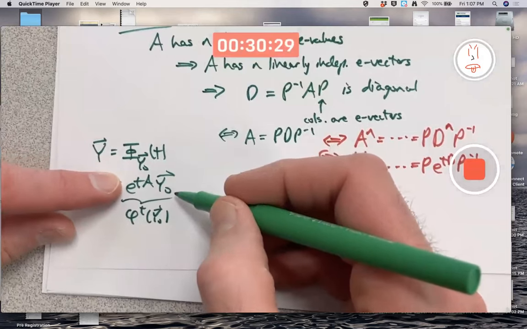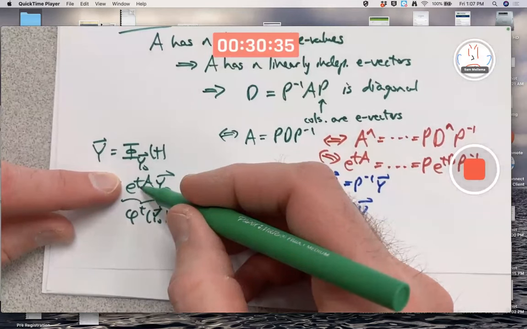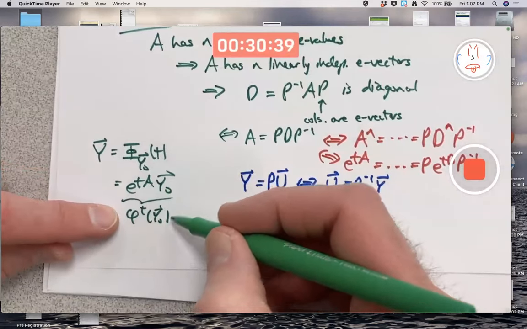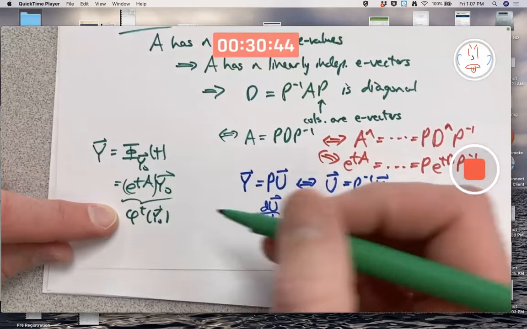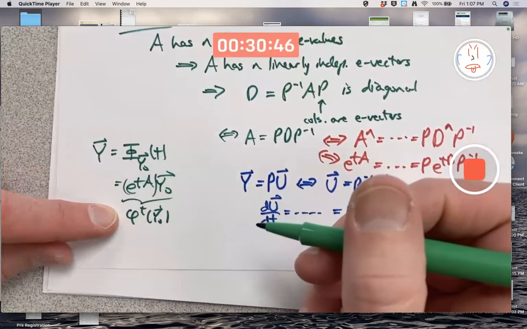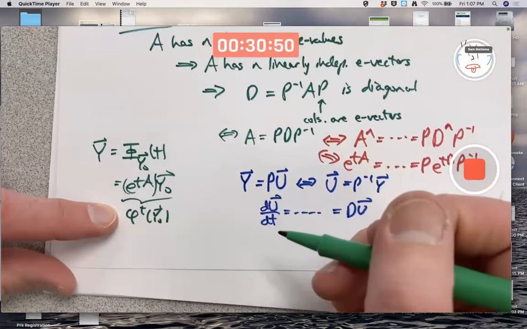It's technically a parametric curve as a function of t. It's actually a nonlinear function of t because t is in the exponent of the e. But if you think of t as fixed and y0 as the variable, e^(tA) is a fixed matrix. That's just a linear transformation. And you can relate the differential equations and the difference equations.